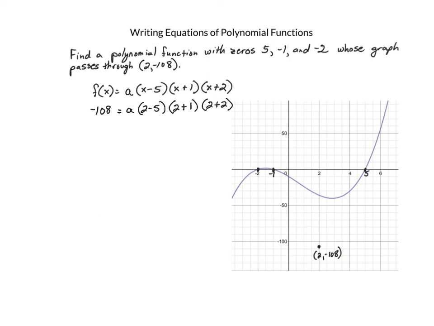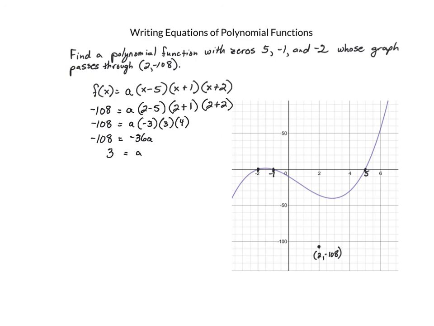Let's do some simplifying. So I have -108 equals a times -3 times 3 times 4. That is -108 equals -36a. And if we divide by -36, we get 3.